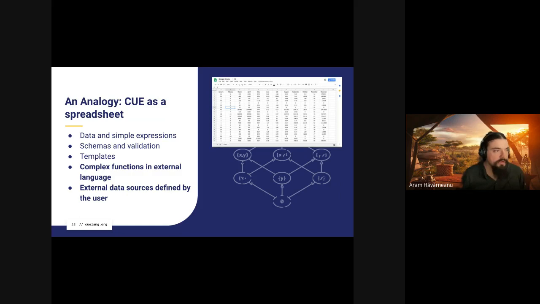WASM by default is very well sandboxed and restricted, so you cannot get outside the sandbox. But of course, you can open holes, or open access to the outside, on a per-need basis, very granular. So we're thinking that by default you would get a sandbox, but in the tooling layer, or maybe with the explicit user's consent, so the user would know when this happens, the WASM code would have access to the outside universe.